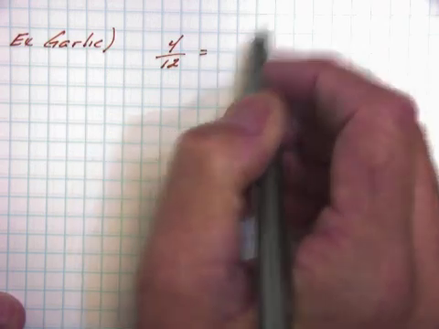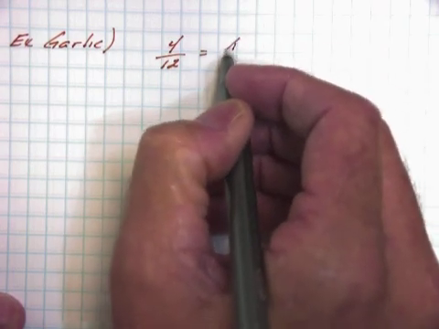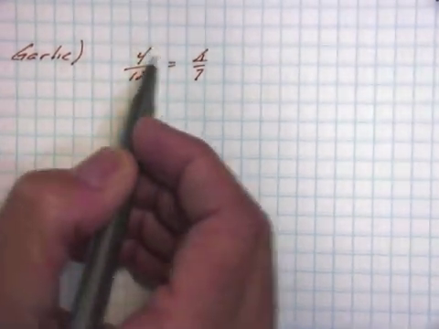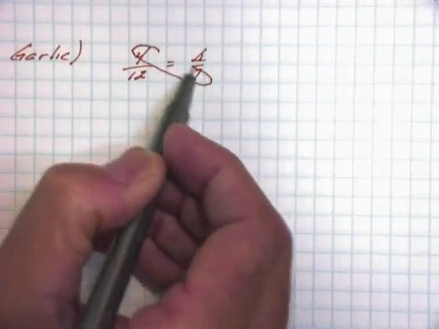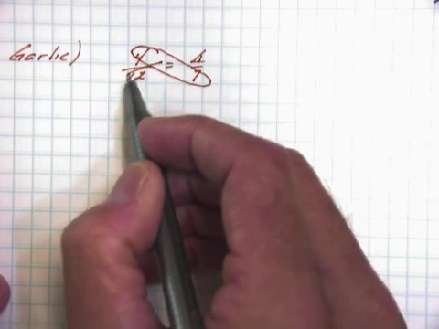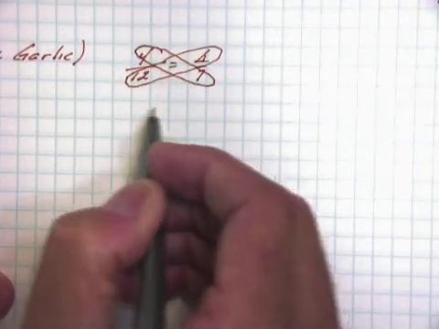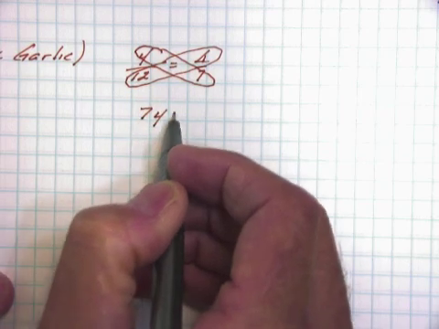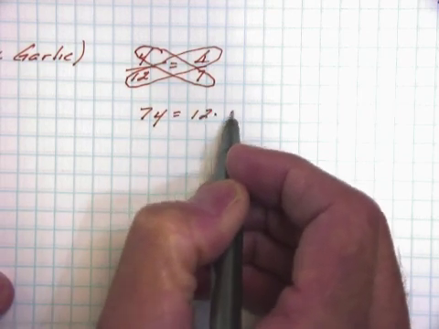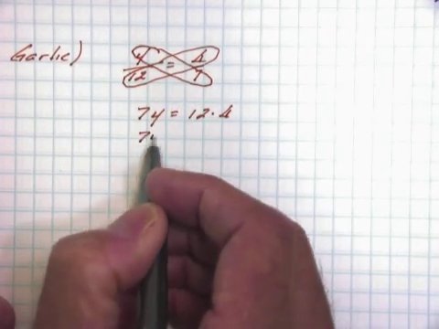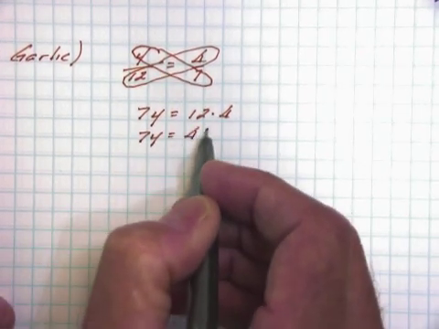Okay, so let's do y over 12 equals 4 over 7. Okay, and we're going to cross multiply. y times 7 is going to be equal to 12 times 4. So I've got y times 7, just write 7y equals 12 times 4.